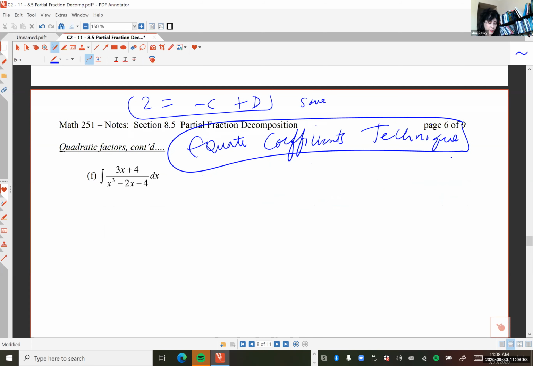So check it out. First of all, I'm giving you a really hard denominator to factor. This is a cubic, and you can't factor it using the diamond method because that won't work. This is a third degree polynomial.